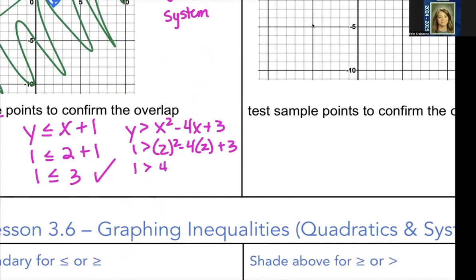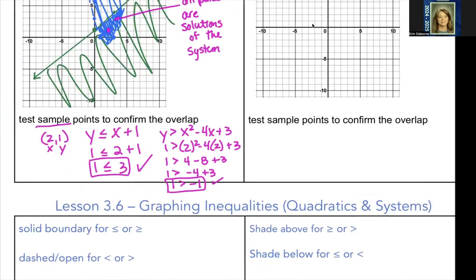This would become 4 minus 8 plus 3. Next becomes negative 4 plus 3, or a negative 1, making this statement true, just like this statement was true. So since the ordered pair (2, 1) satisfies both inequalities, you confirm that you shaded in the right intersection of the shapes on the coordinate plane.